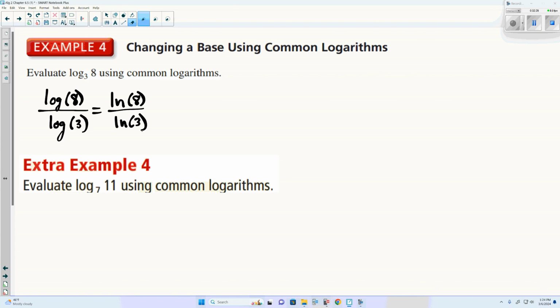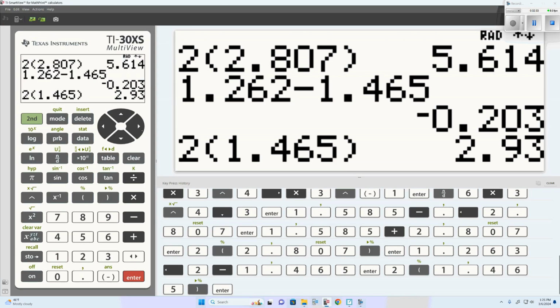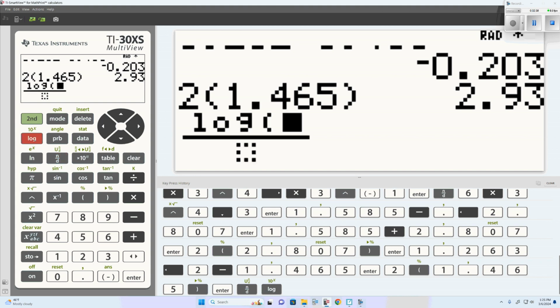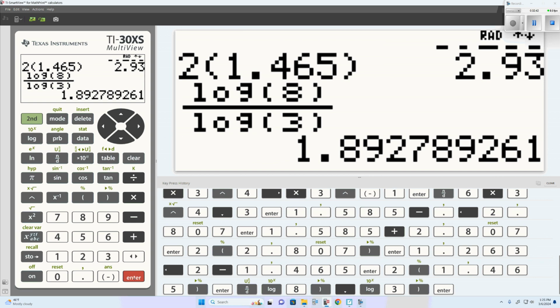Questions on this here? And if we wanted to calculate this, we could grab the calculators and use the log button. Log of 8 over log of 3 is 1.893.